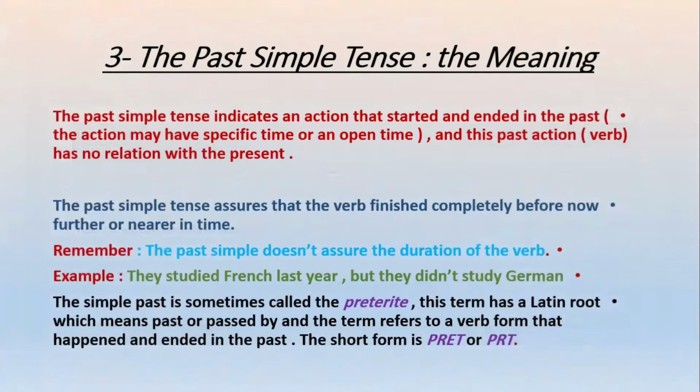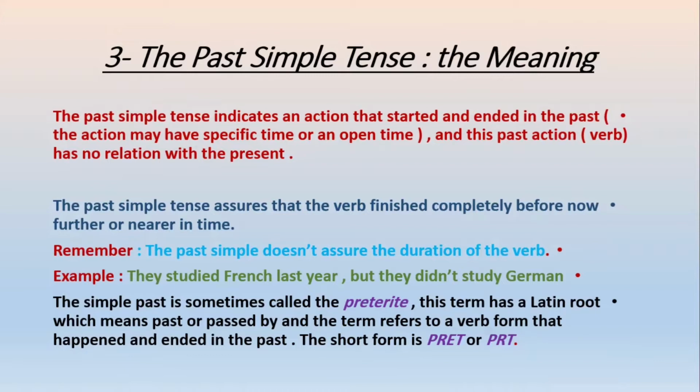The past simple tense, from the very beginning, the first thing to know is the meaning of the past simple. The past means any point of time before now. This is a past. 1 minute ago, 1 second ago, 1 year, 100 years ago, this is called a past.